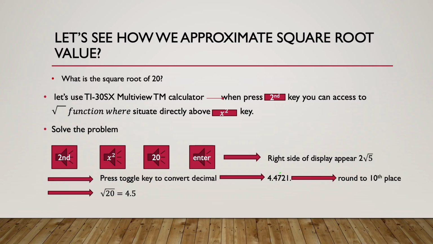There you go. So the square root of 20 is 4.5. This is how we approximate the square root.